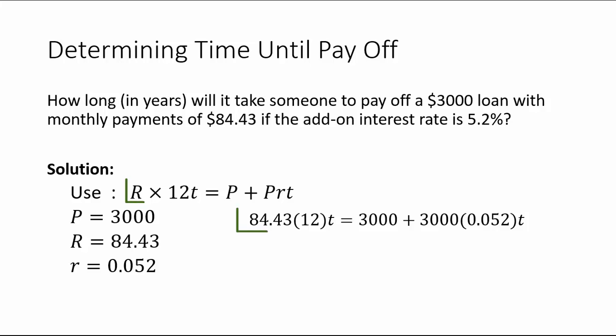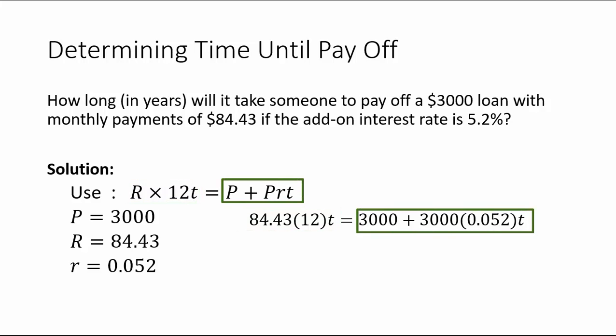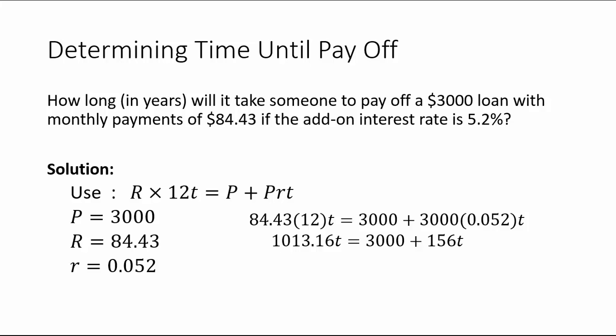Plugging in on the left, we have capital R, 84.43, times 12T, and on the right, we have P, 3,000, plus P times lowercase r times T, 3,000 times 0.052 times T. Simplifying on the left, we multiply the 84.43 times 12 and we get 1,013.16. Simplifying on the right, the 3,000 times 0.052 becomes 156.